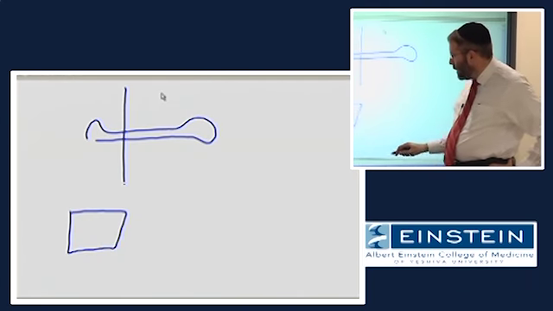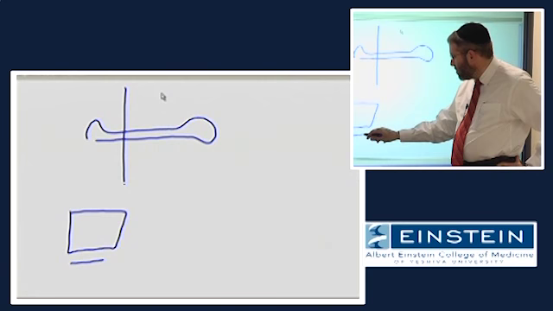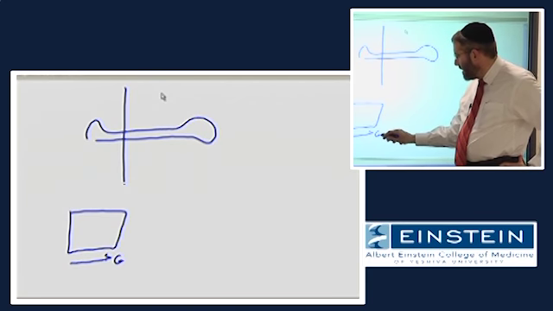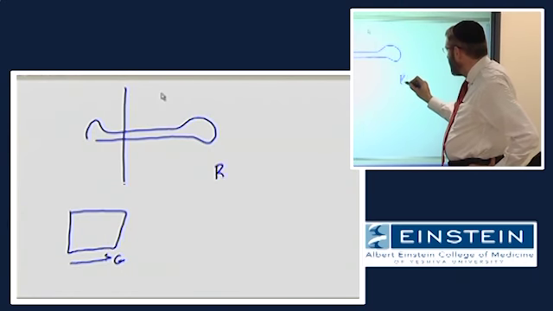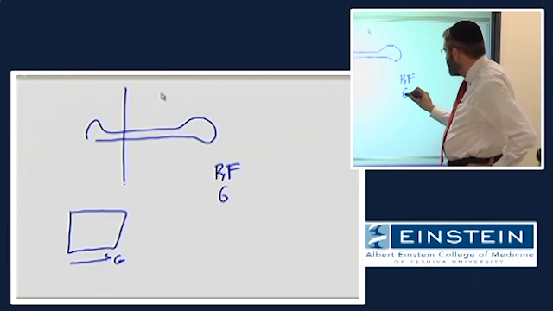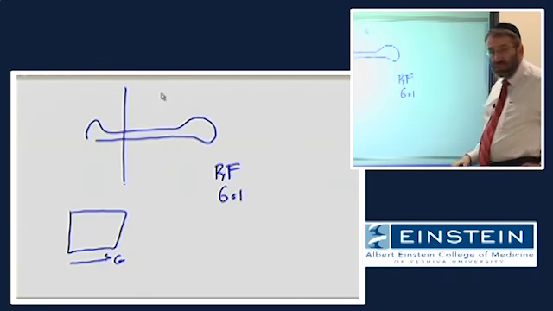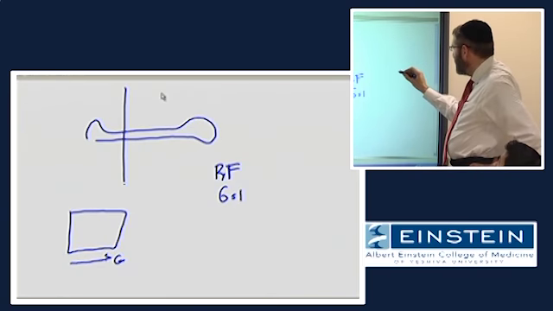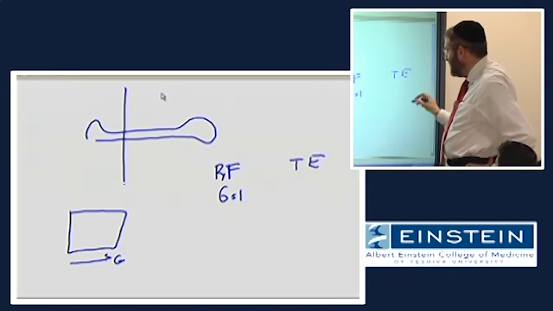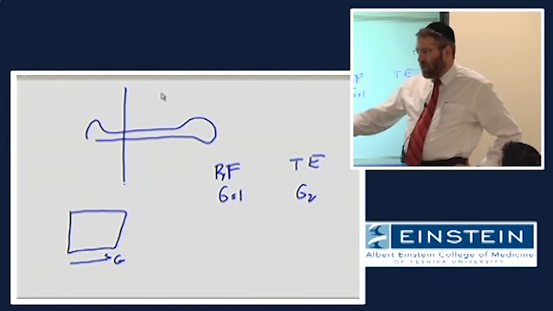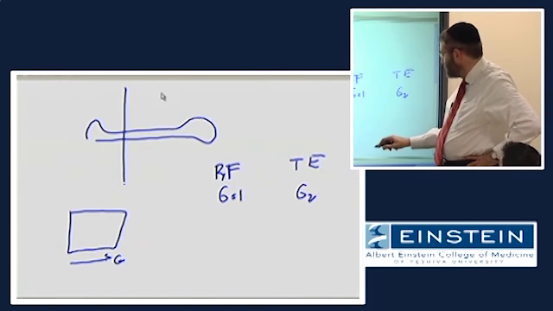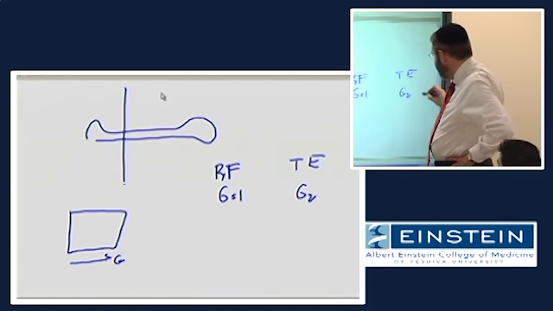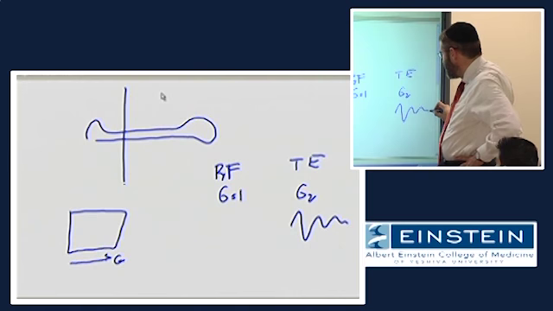If we turn on a gradient magnetic field in this direction, so we have applied our RF in the presence of a slice selection gradient. And then over here at TE, if we turn on a frequency encoding gradient, we then get a signal, which looks like whatever it looks like.